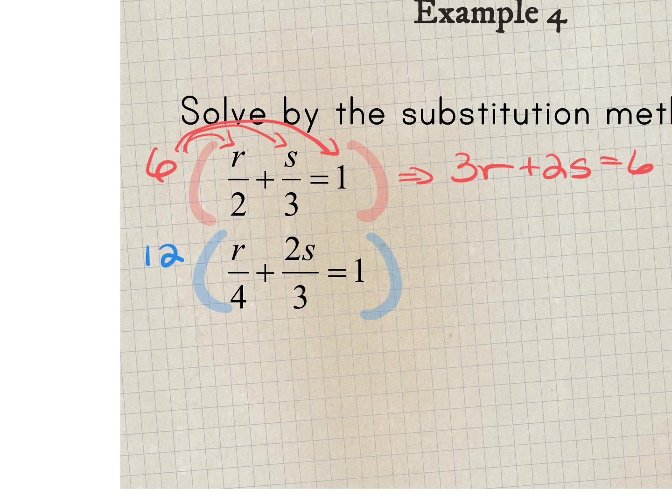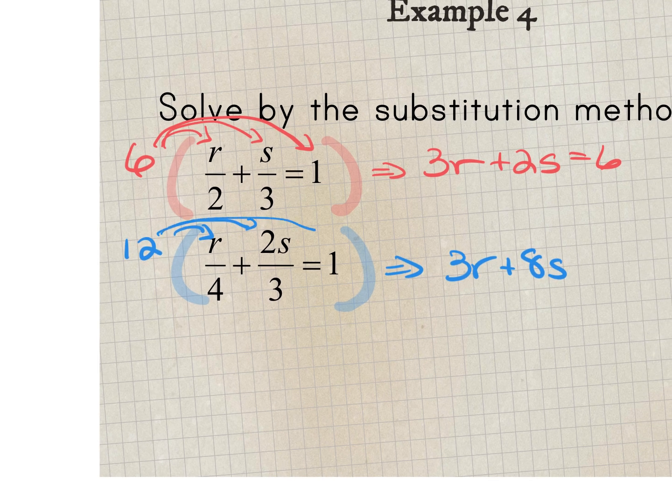So I'm going to distribute 12 to each of the terms. This will give me 12r over 3, which is also going to give me 3r. Then I'm going to distribute it to the 2s over 3. This is going to give me 24s over 3, which will be 8s. And then distribute it to the 1, and that's going to give me 12.